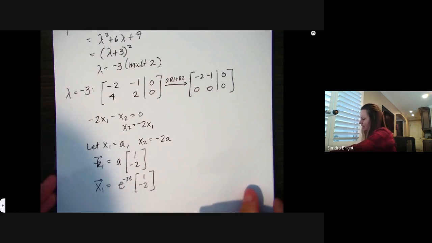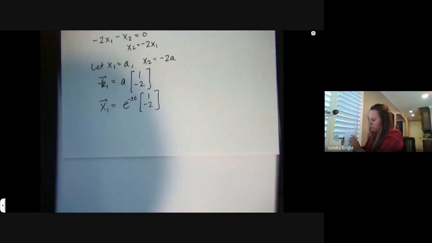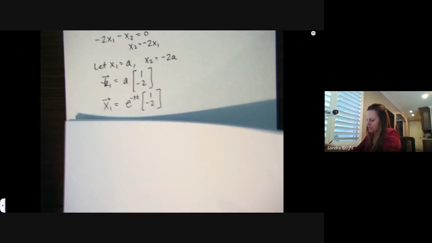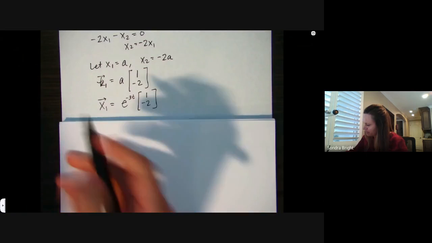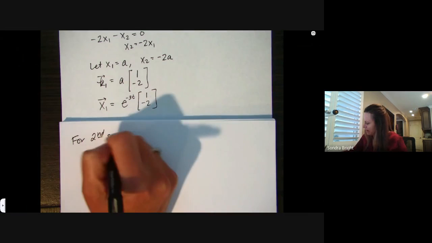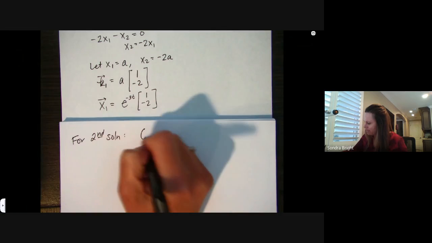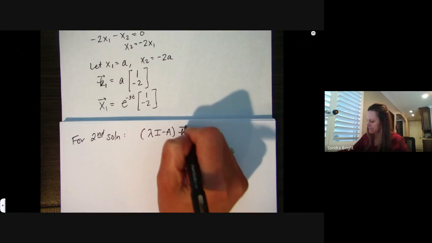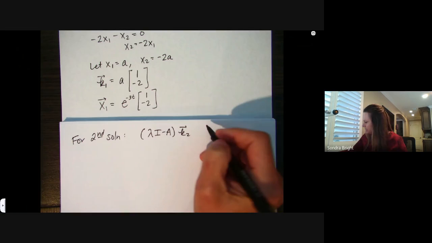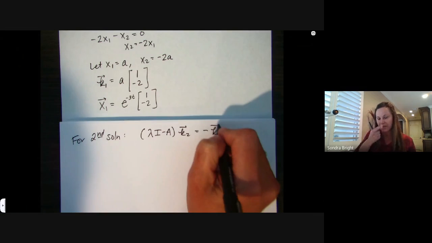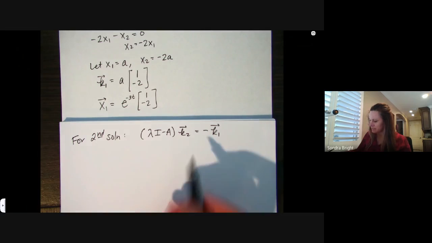Now, for the second solution, what we've got to do is find k2, a second eigenvector that satisfies this. Lambda I minus A times k2 is equal to the opposite in sign of k1. So we're going to find k2 that satisfies this.